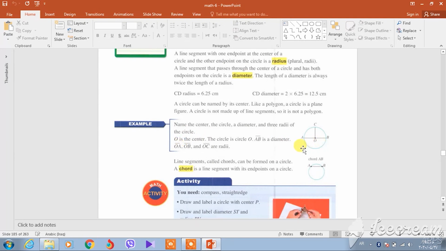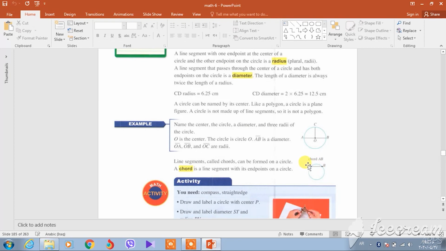And what about the radius? We have OA, OC, and OB as radii. In the plural we say radii; you can say radii or radius, both of them are right, student. Line segments called chords can be formed on the circle. This line segment AB is called a chord because it does not pass through the center.